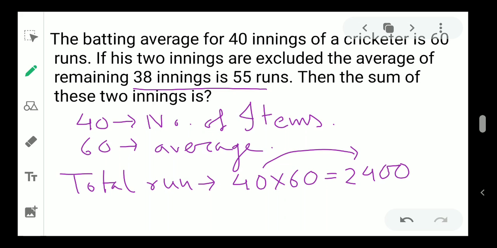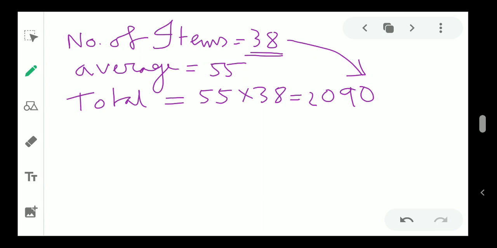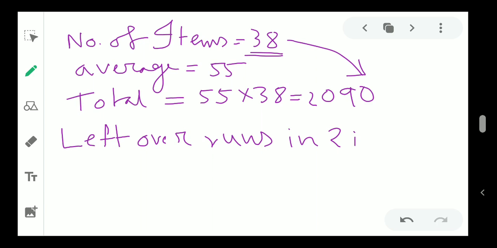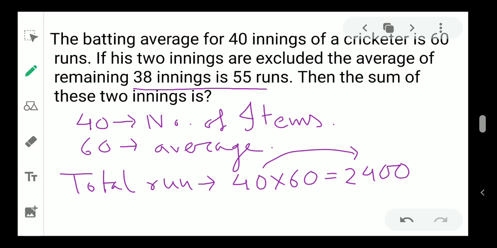So how much is 2 innings? Simple, you just have to subtract. So the leftover runs in 2 innings. See, I'm talking about these 2 innings.